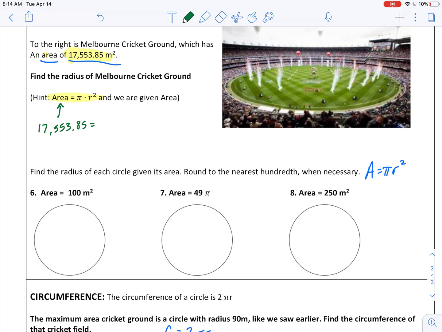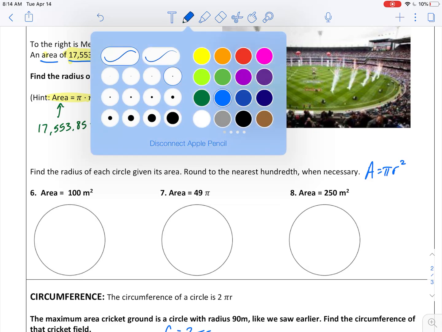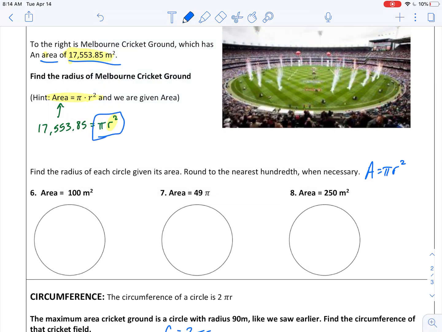I'm going to substitute area in where it says area. So I'll say 17,553.85 equals pi r squared. So area equals pi r squared.